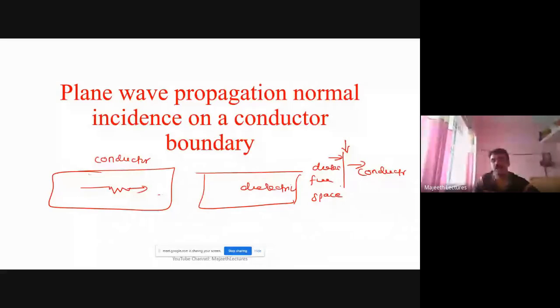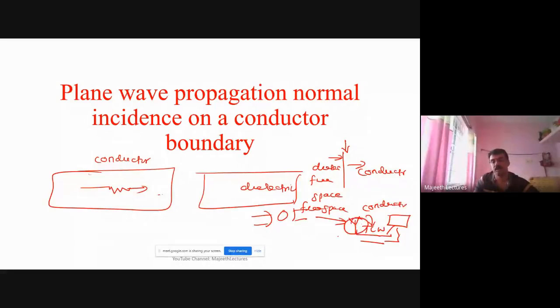Where can we see this scenario? We know free space is the sky. When the wave comes from a satellite and reaches the antenna, and from there travels through the transmission line and reaches our TV set. Here it is free space, here it is conductor.